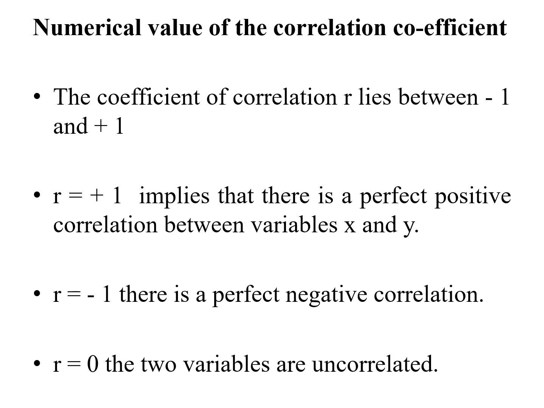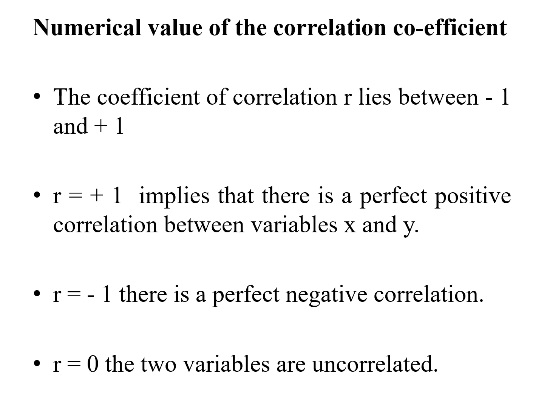If r equals +1, there is a perfect positive correlation between variables x and y. The next one, if r equals -1, there is a perfect negative correlation between variables x and y.